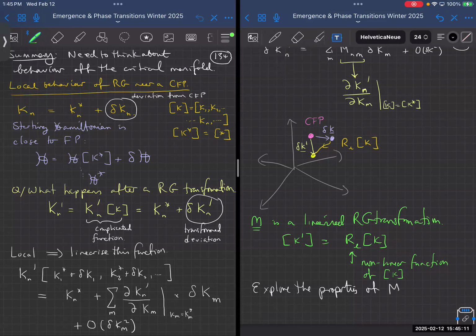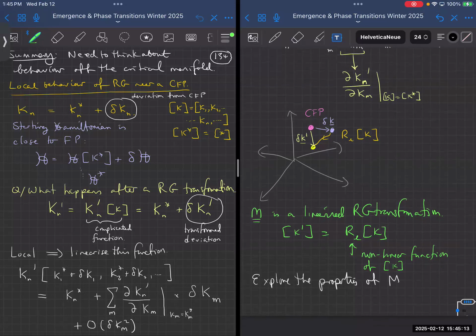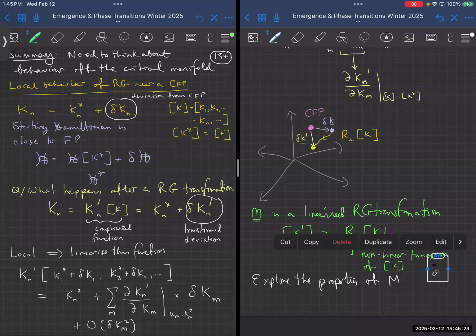How do I make this thing go away? What the heck is this? Okay, so we need to explore this.